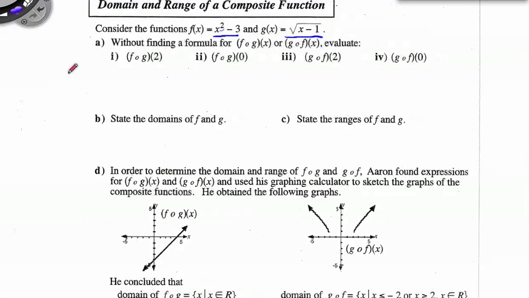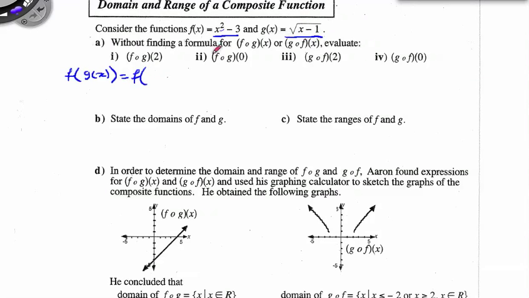So let's write this in a notation we'll understand. f of g of x. So we want to apply the g function first, the innermost function, followed by, in this case, f.